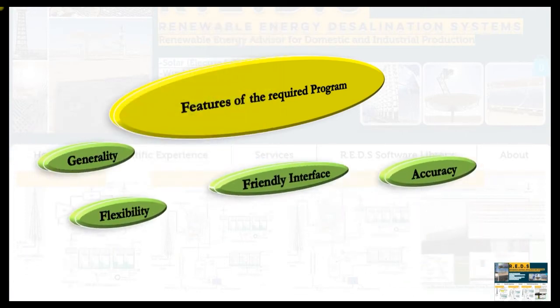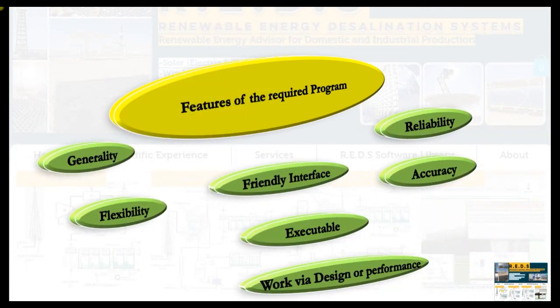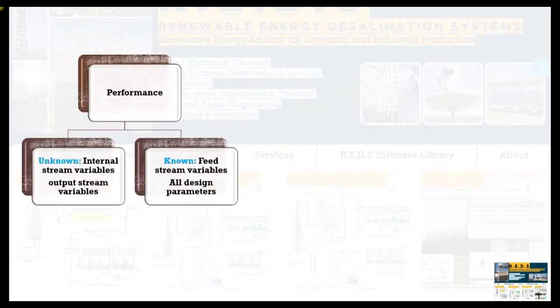Such a package should have some features such as generality, flexibility, a friendly interface, being executable, reliability, and accuracy, and it should provide design or performance. You have to answer such a question.